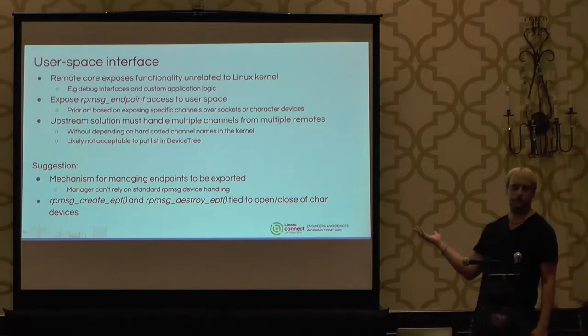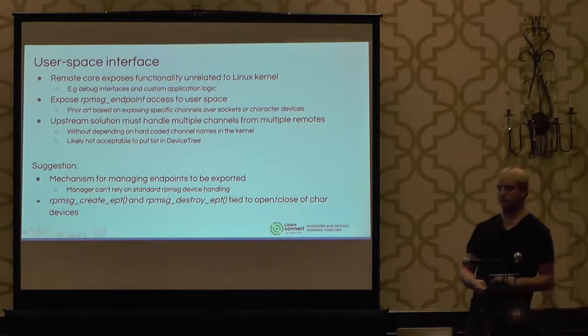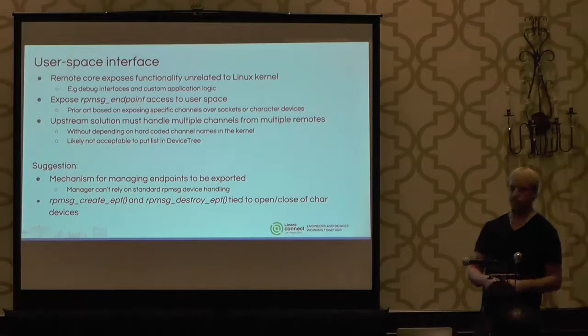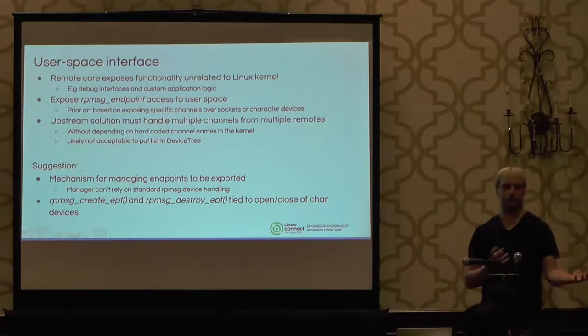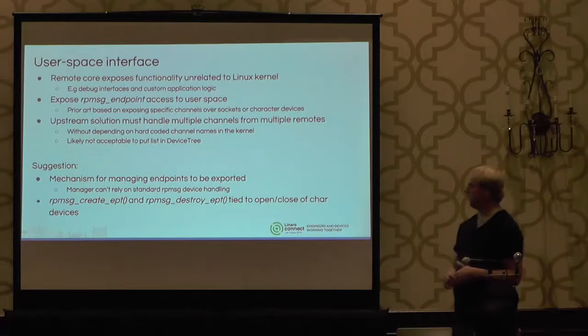One of the other things is that TI have 3 or 4 different out-of-tree implementations, or at least forks of them, for user space to be able to access these point-to-point channels. It can be for debug interfaces or just for application logic that doesn't need any kernel handling of that.